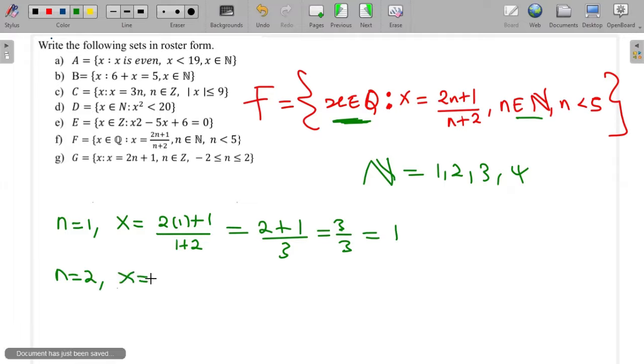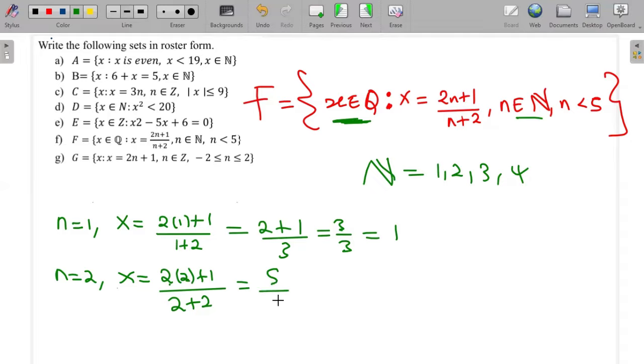Then x is going to be equal to 2 multiplied by 2 plus 1 divided by 2 plus 2, which will just give me 2 multiplied by 2 is 4, and then plus 1, that is 5. And then down there, I'm getting 4.